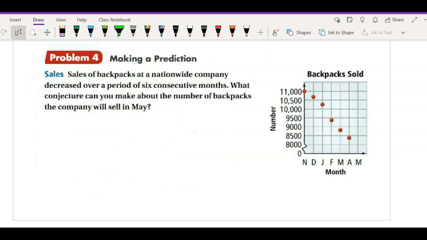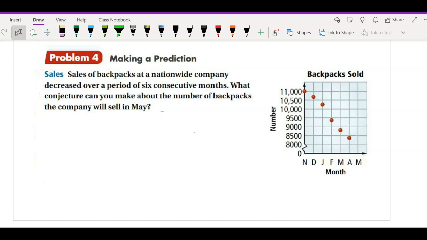See, in this example, they give us a chart. They're looking at a decrease in sales of backpacks. Sales of backpacks at a nationwide company decreased over a period of 6 consecutive months. What conjecture can we make about the number of backpacks that the company will sell in May?